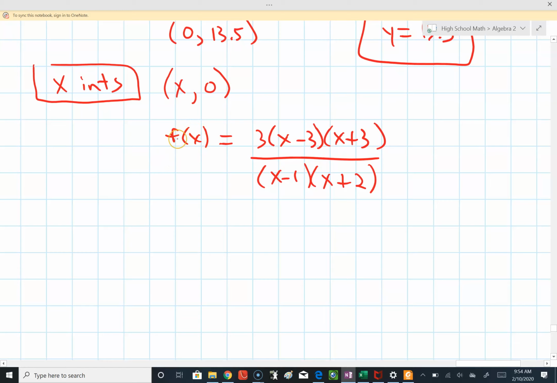This time I'm letting y be 0, that whole object. I'm not going to recopy all this mess for a second. Just know that it should go down here.